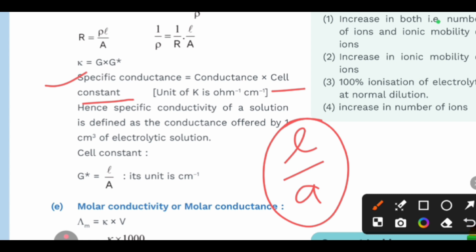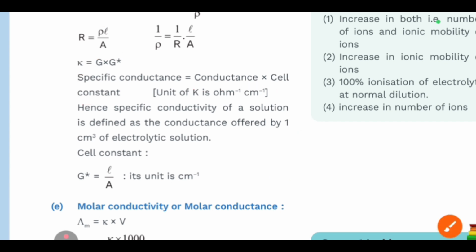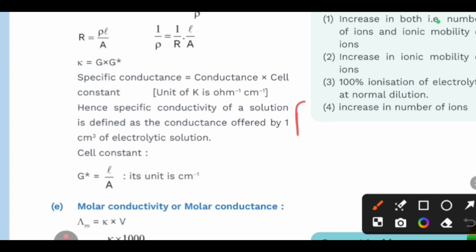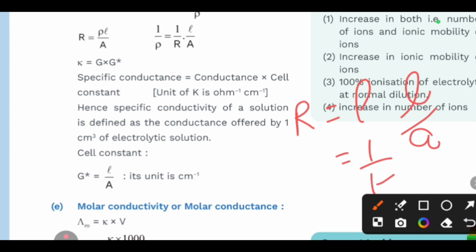You can see by using the relation R is equal to rho L by A, L by A is called the cell constant. So in terms of conductance, you can write specific conductance is equal to conductance into cell constant. R is equal to rho L by A. Rho you can write as 1 by small k, that is kappa, the conductivity or specific conductance, which is the inverse.